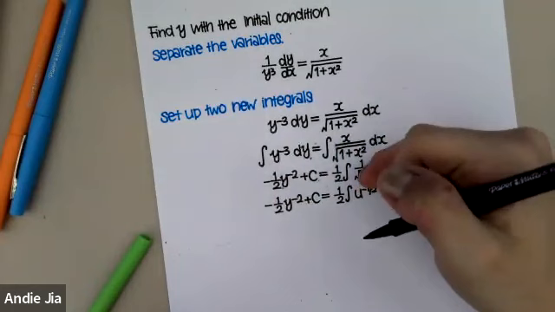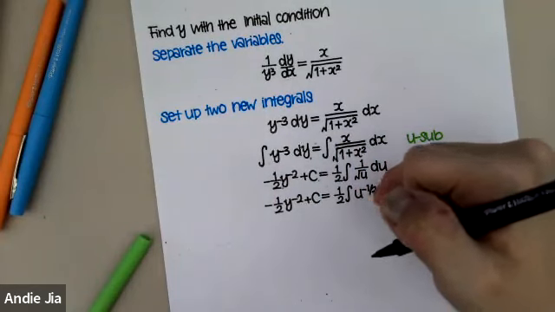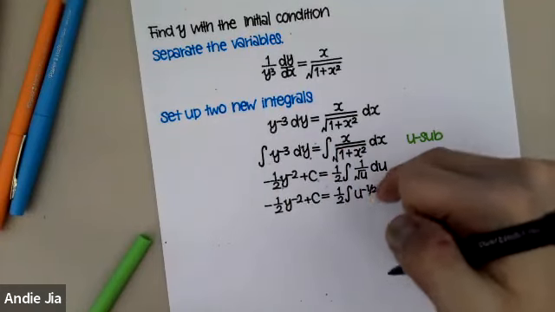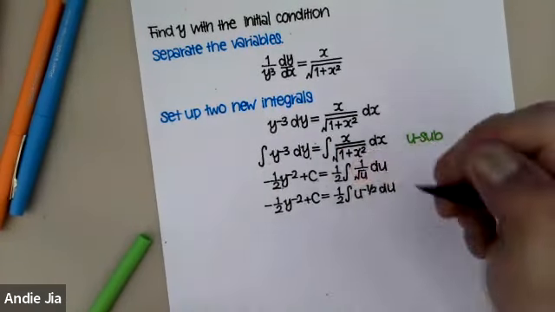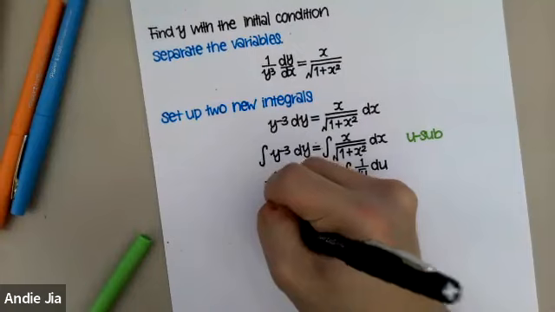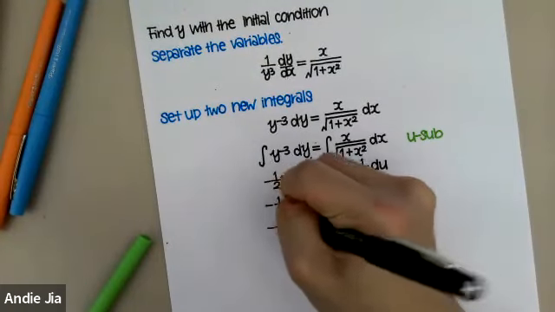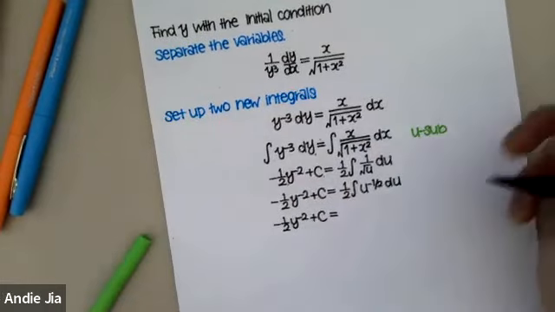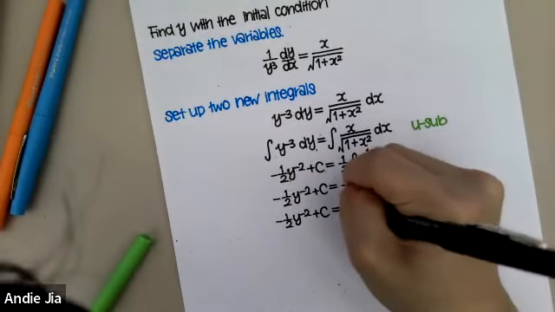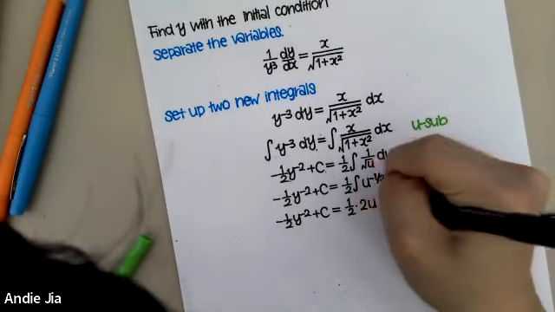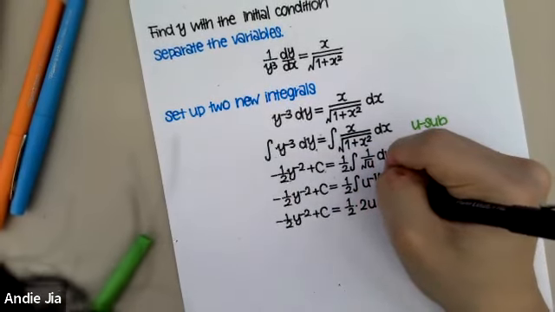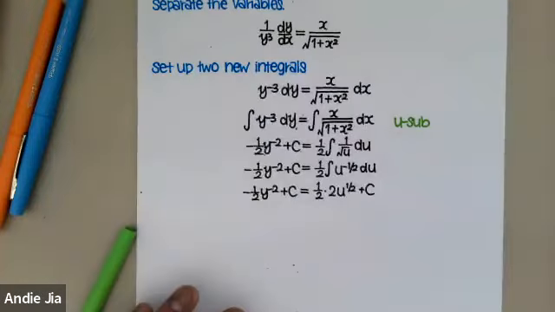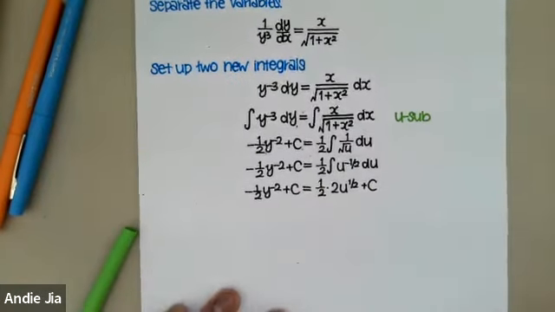The integral is going to be 1/2 times 2 u to the 1/2 plus a constant of integration, because they're the same thing. So we need to cancel one constant on one side.